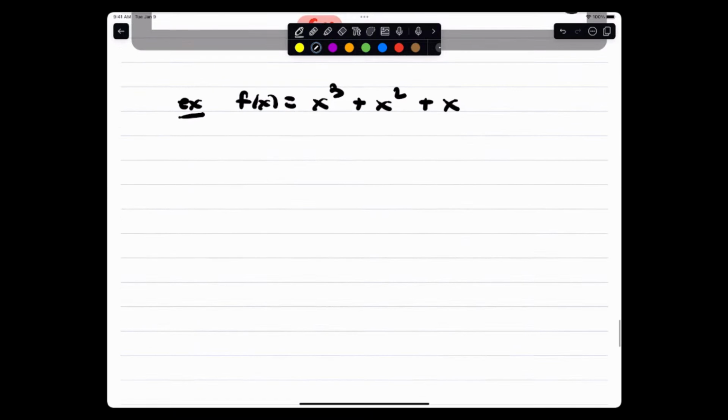Okay. What do you guys know about this function? It's a nice polynomial. What's in the domain of this function? Do you guys know? All real numbers. So we're good with all real numbers there. Let's find that derivative.